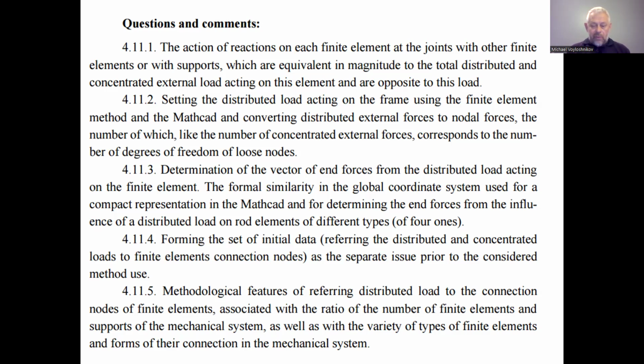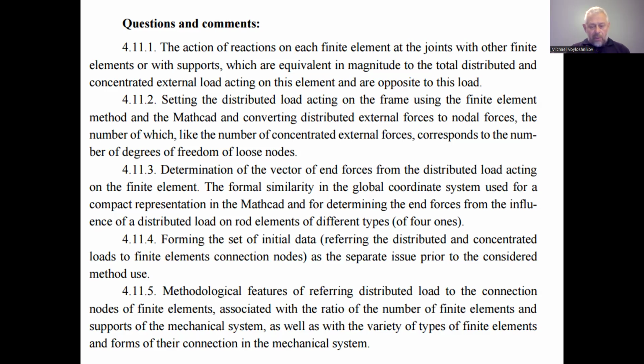Within the approaches of vector geometry, we have to find the number of the elements in the vector of data. The number of the elements of the vector of data of the external force has to correspond to the number of the degrees of indefinability of the mechanical system, or the number of displacements available to be found in the discrete model of the connection of finite elements into the mechanical system.